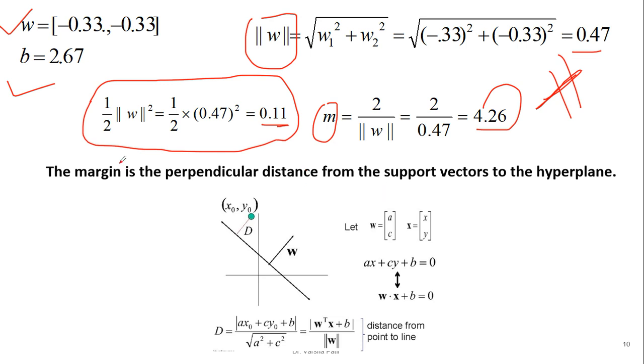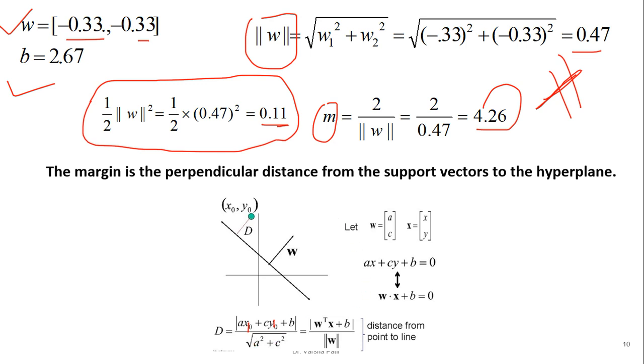Now we can find the distance from the decision boundary to every point, and the formula is: distance is equal to a x0 plus c y0 plus b, where x0 and y0 are our points, a and c are the components of the weight vector, that is minus 0.3 and minus 0.3, and b is the bias, all divided by the norm of the vector.